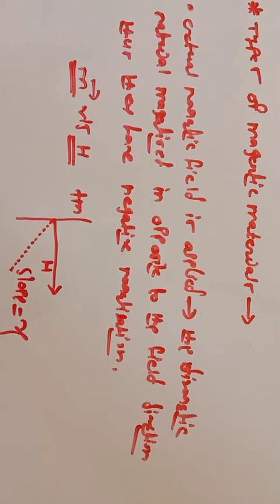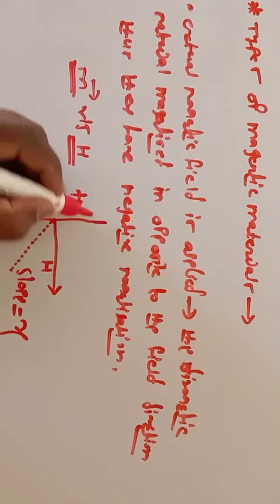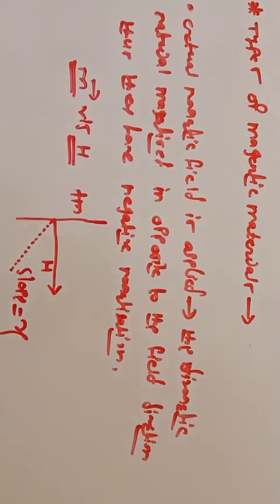So what this graph indicates is that the magnetization is opposite to the direction of the external magnetic field. That is, the magnetization is not in the same direction as the external magnetic field, it is opposite to it.